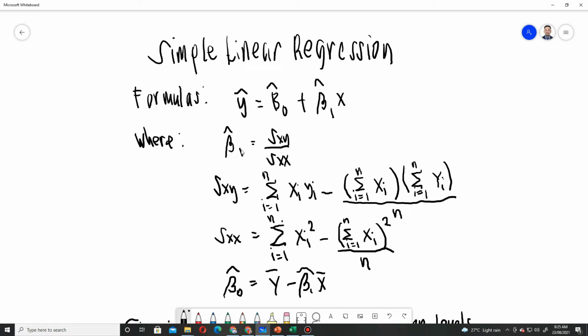So if we want to get the b sub 1 hat, b sub 1 hat is equal to s sub xy all over s sub xx, and then s sub xy is this formula, and s sub xx is this formula, and finally we will get b sub 0 hat using this one. So let's start solving a problem.